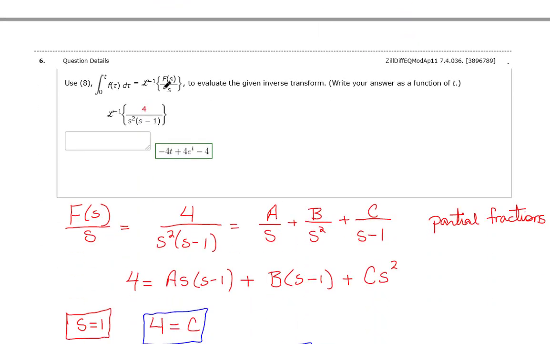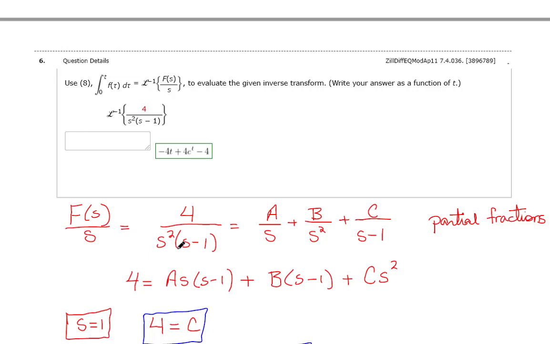All right, now in this case, they're telling us that this particular integral is the inverse Laplace transform of F of s over s. So they want us to do the inverse Laplace transform for this item. So F of s over s is this item.